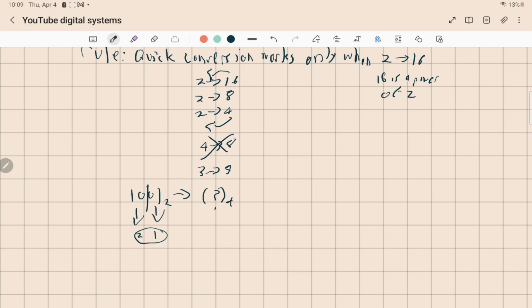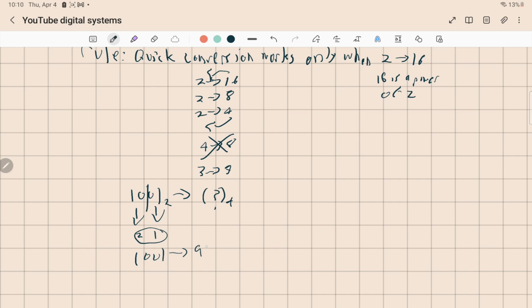So we can check it. 1, 0, 0, 1 into base. Hold on, I'm going to check my phone for a second. Okay, never mind. So 1, 0, 0, 1 into base 10 is 9.